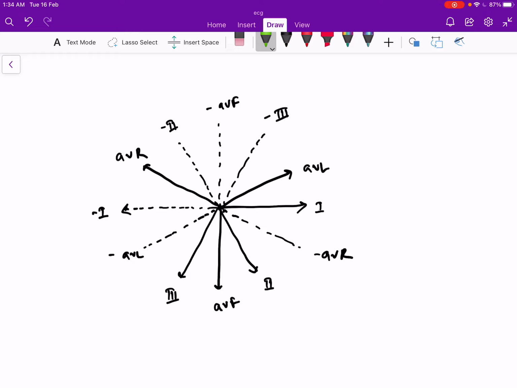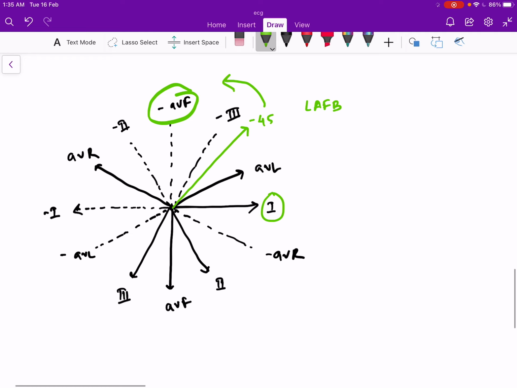If the person has left anterior fascicular block, his axis will be minus 45 degrees or more negative. So the axis should be more negative than minus 45 degrees. Then how to calculate? We can take these two leads, lead 1 and lead AVF. We'll see the magnitude of both leads.